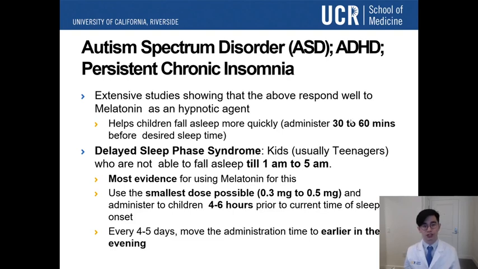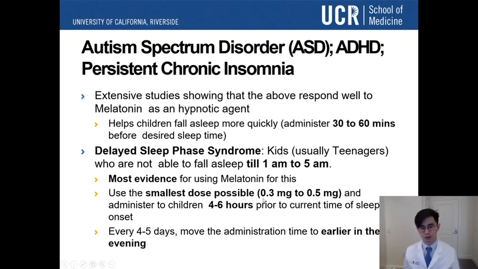So extensive studies show that the children with these psychiatric diseases respond well to melatonin as a hypnotic agent. You typically want to give the melatonin about 30 to 60 minutes before you want them to fall asleep. And interestingly, it has very strong evidence for use in a syndrome called delayed sleep phase syndrome, where kids, typically teenagers, are not able to fall asleep till 1 a.m. or even 5 a.m. And so, as I said before, you want to use the smallest dose possible.